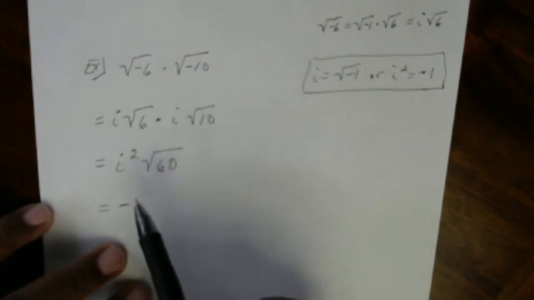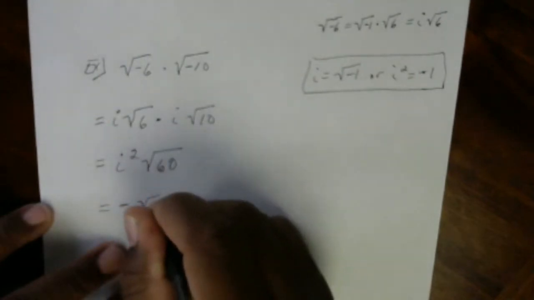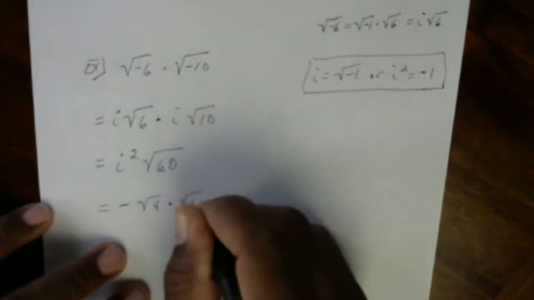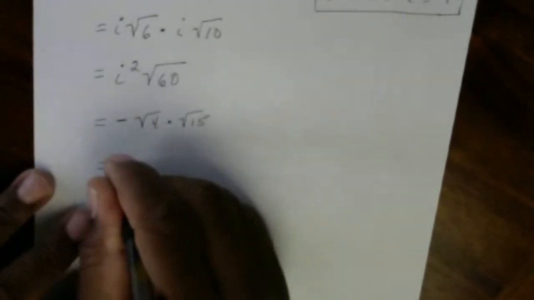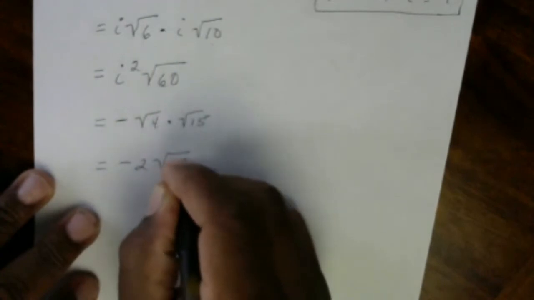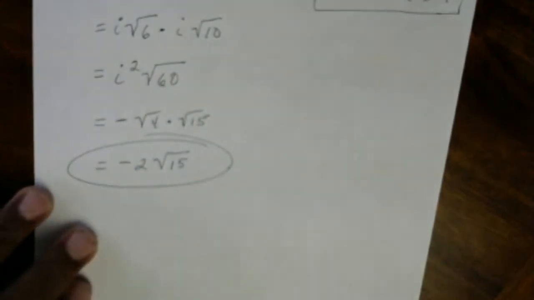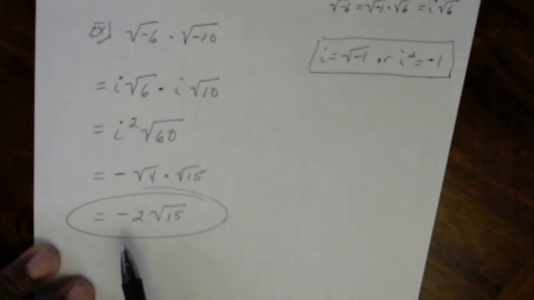So I'm going to rewrite the square root of 60 as the square root of 4 times the square root of 15. The square root of 4 is perfectly 2. So I'm going to bring down my negative. The square root of 4 is 2. That 15 has to remain inside of the radical. So the square root of negative 6 times the square root of negative 10 is negative 2 times the square root of 15.